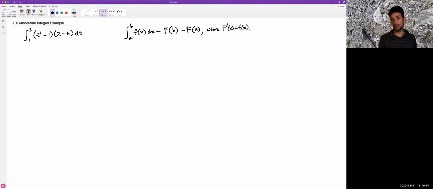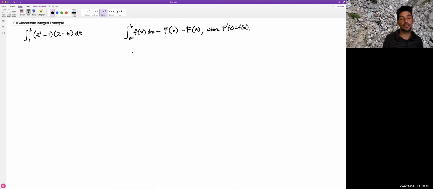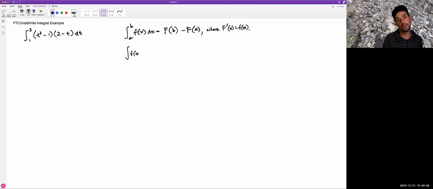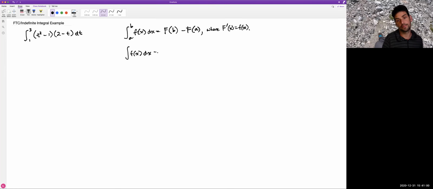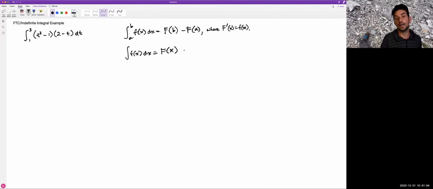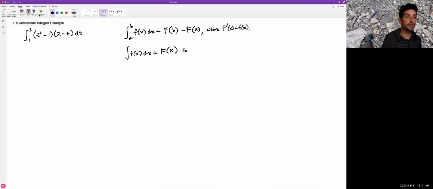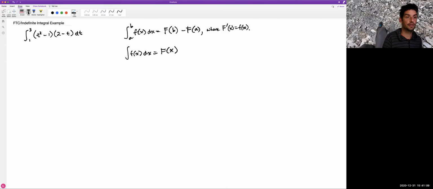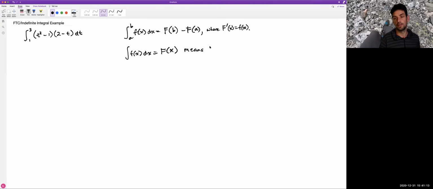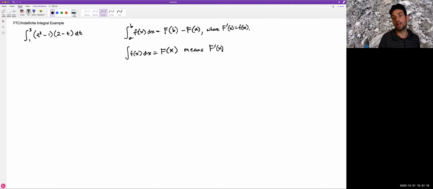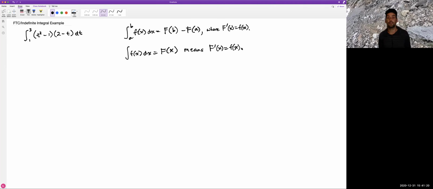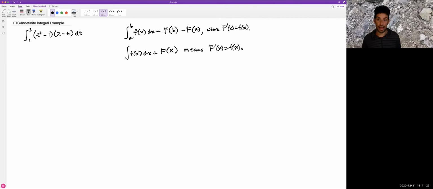Because of this connection between antiderivatives and integrals, we also use this symbol to mean that capital F of x is an antiderivative of lowercase f. In other words, capital F prime is equal to f.